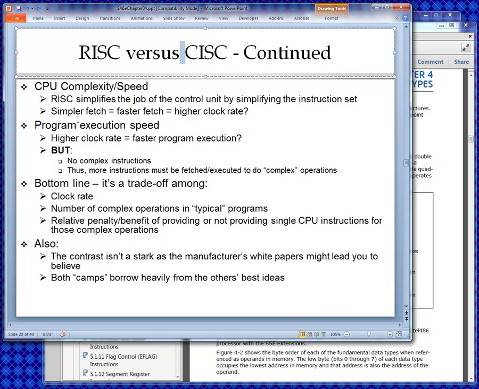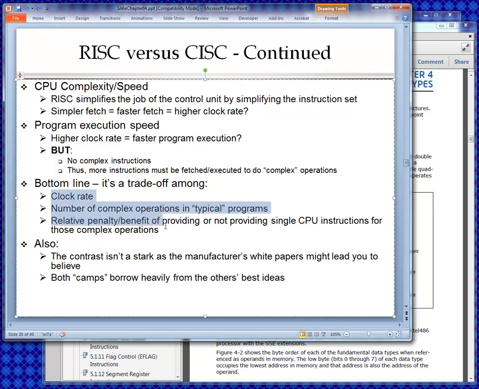Okay? RISC, IBM clock rates tend to be a little higher for the same process size because their control units are simpler. They've got simpler fetches, faster fetches, and therefore higher clock rates. However, because they're missing some of those complex instructions that are sometimes needed, sometimes the program slows down because it's got to issue more instructions to do something that on an Intel processor you could do with a single instruction.